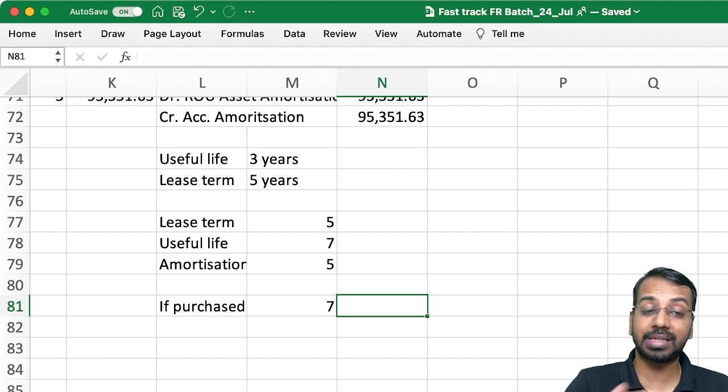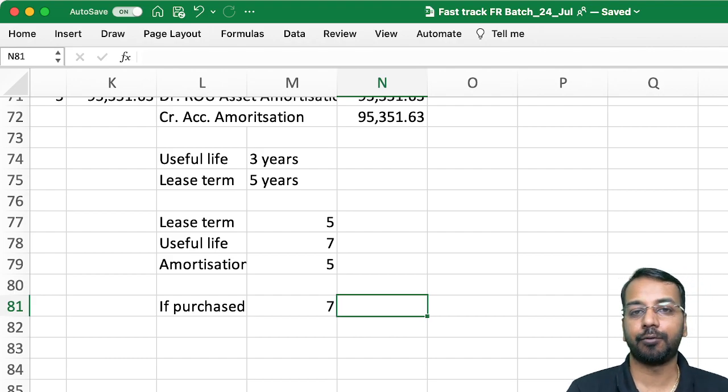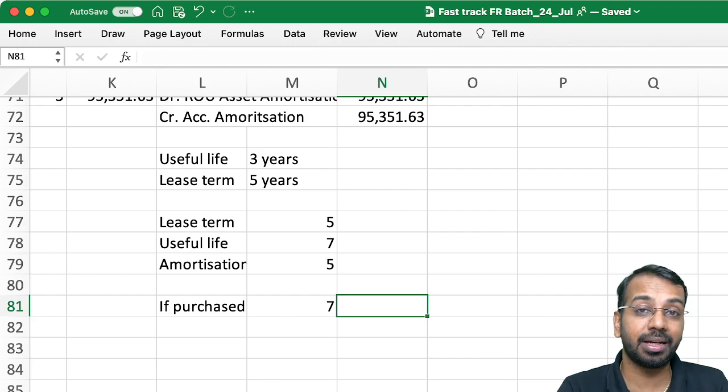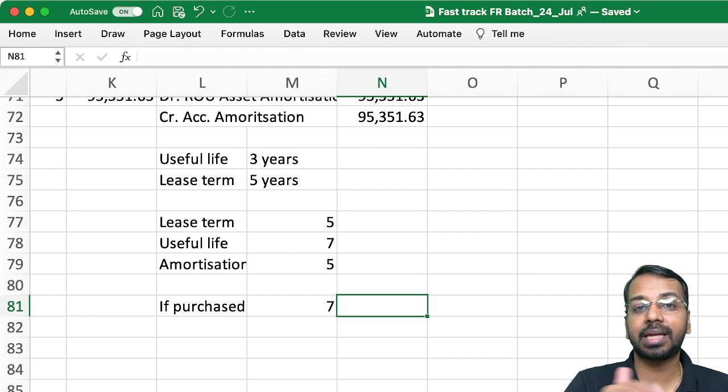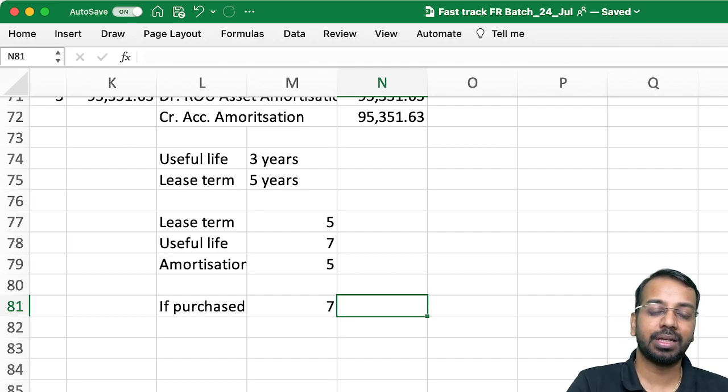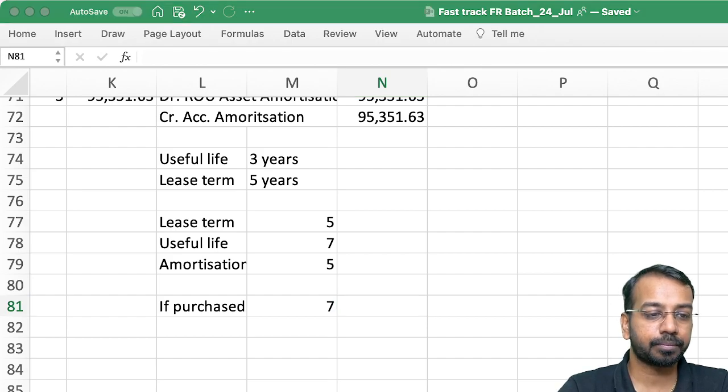But if the useful life is lesser than the lease term, you will use the useful life only. If the useful life is greater than the lease term and the asset is transferred, you will use the useful life. If useful life is greater but the asset is not transferred, then you will use the lease term only, right? That is how we will amortize the asset subsequently.